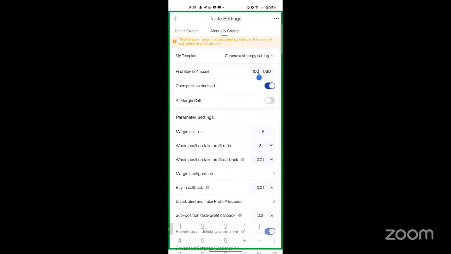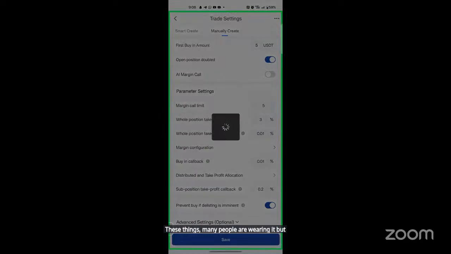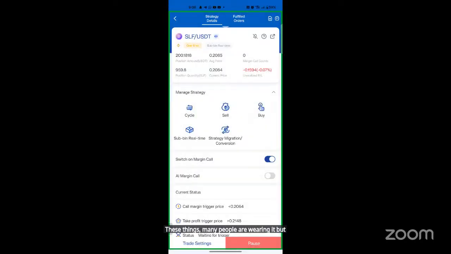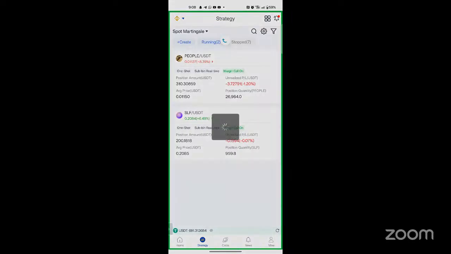Now, these things, many people have headache, but these two coins. The other one above will delay, but this one will sell fast.